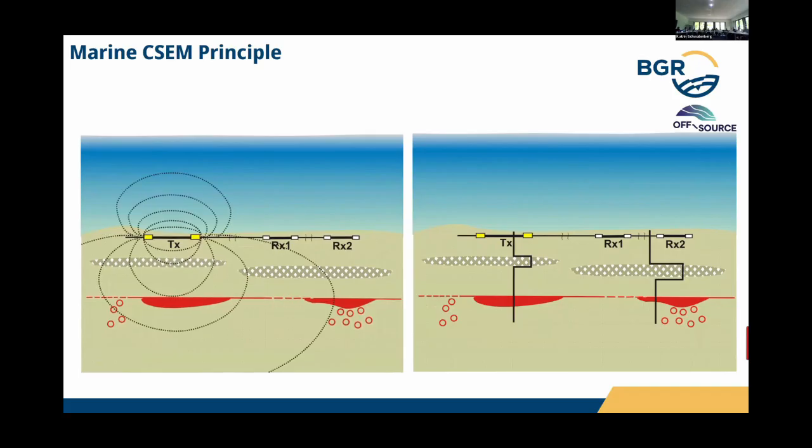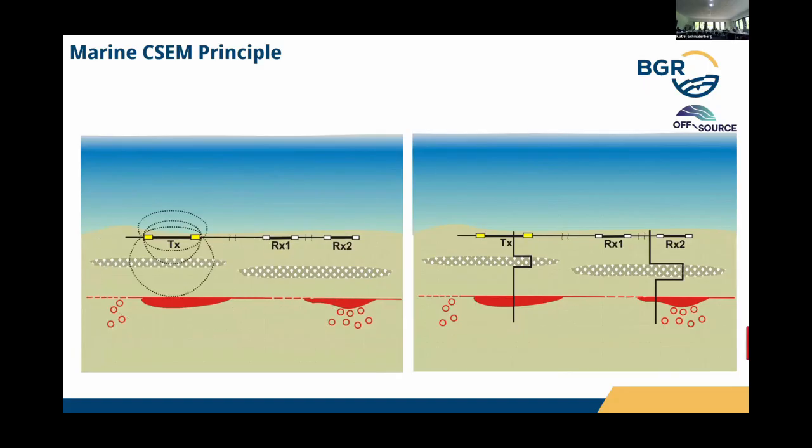If we inject currents in the transmitter dipole, they propagate especially in the seawater and in the more resistive ground. The signal is picked up by the receivers some distance away, and from this information we can infer a resistivity structure at depth. We will come to that again a few times.